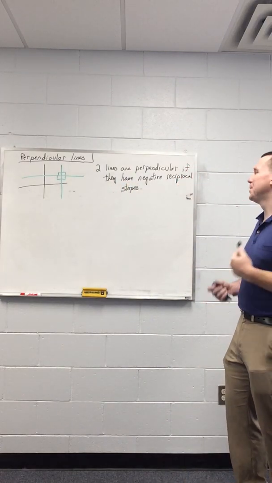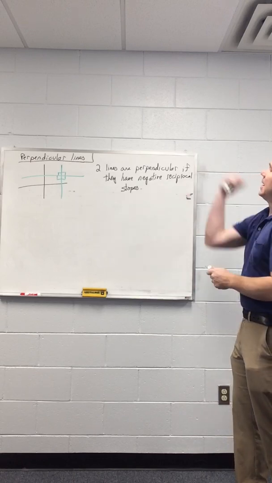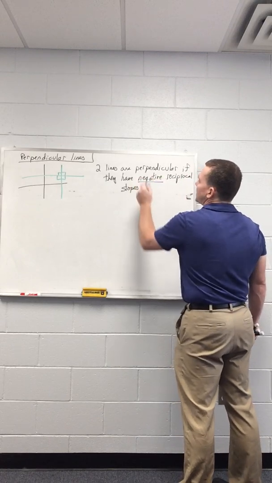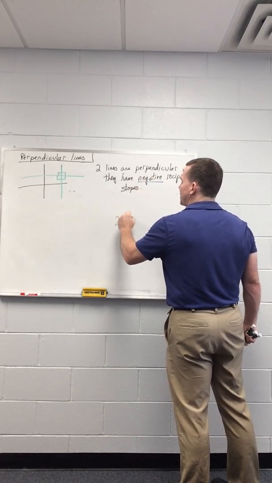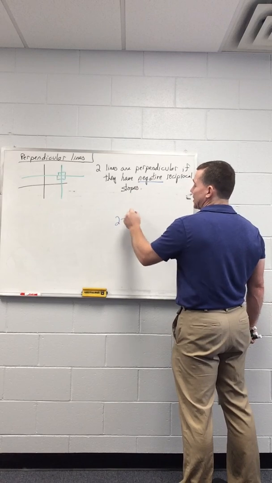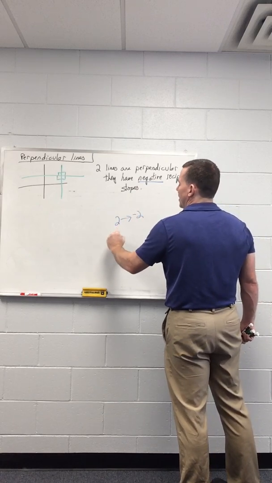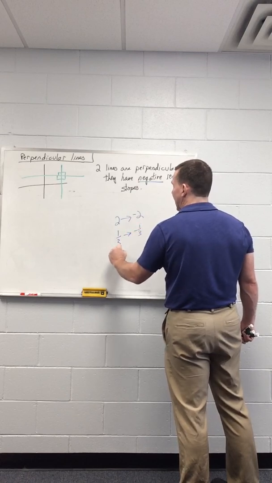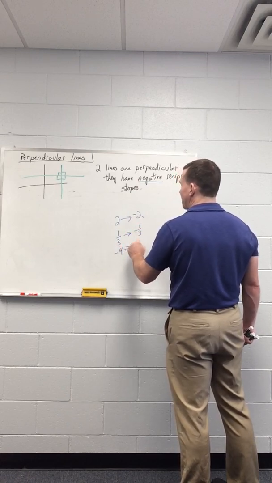Before we actually use this, just to make sure we're clear on negative reciprocals, the idea is to break this up, start with negative. If I have the number 2, the negative of 2, you switch the sign, it's -2. The negative of a third is -1/3. The negative of -4, you switch the sign, is +4.